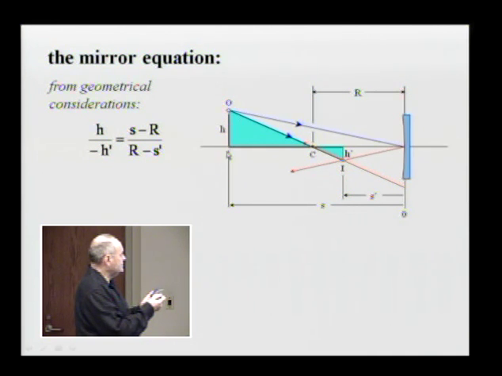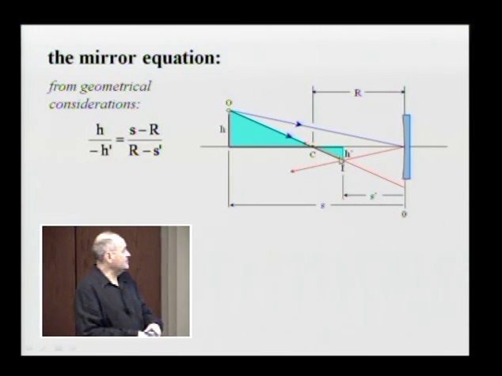So this ratio must be equal to the ratio of this side to this side. Now this side is equal to the position of the object minus the radius of curvature of the mirror, so I marked it here. And this side is equal to the radius of curvature of the mirror minus the position of the image. So considering these 2 similar triangles, I can write this proportion.